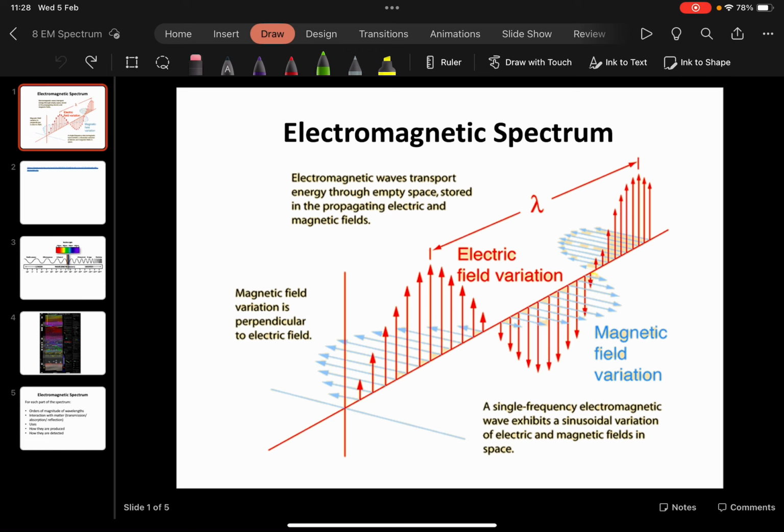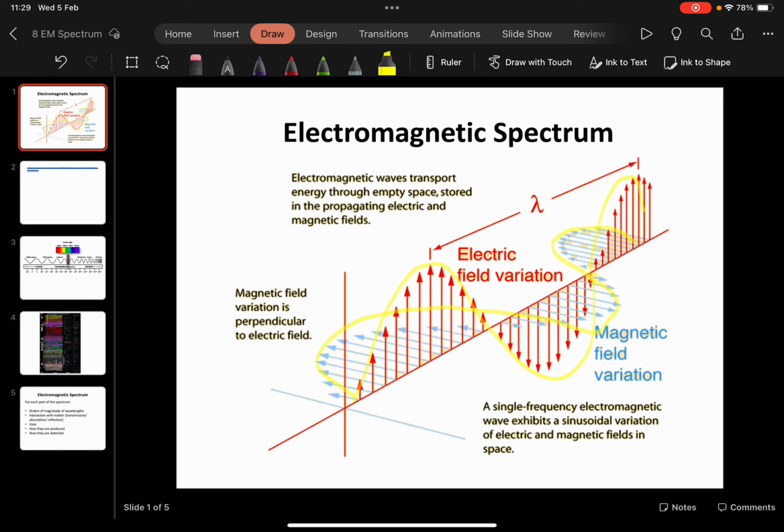So what does an electromagnetic wave look like then, if it is not the oscillation of actual substance? It's the variation or oscillation of magnetic and electric fields. If you have a look at this diagram, you'll notice that the two fields are at right angles to each other.